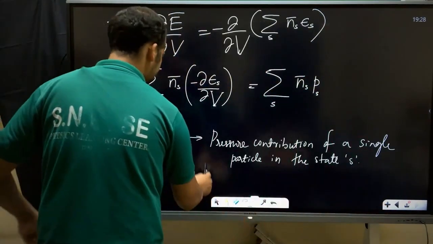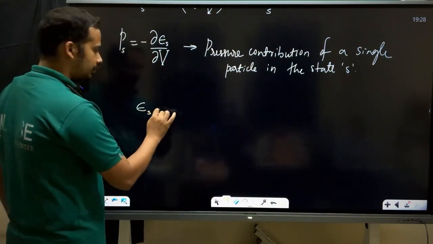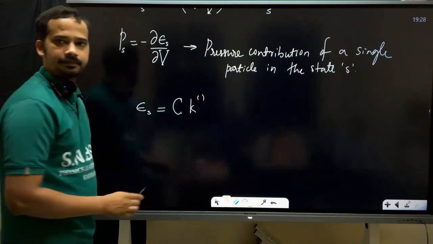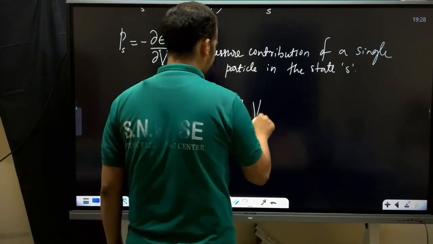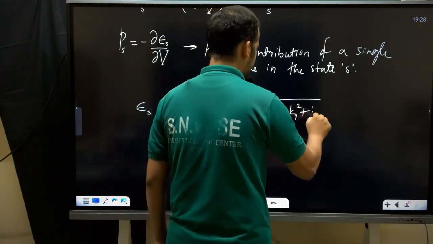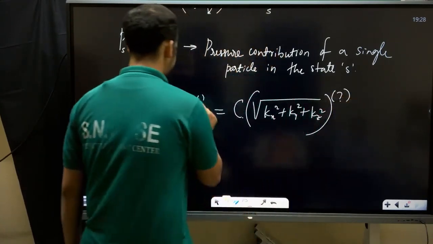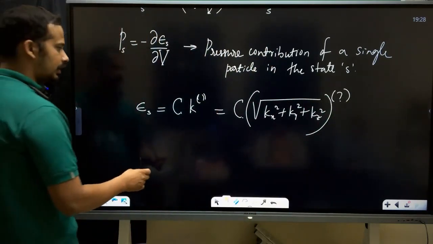What is this ES actually? This is some constant into K to the power of some factor. What is this K? Root of Kx square plus Ky square plus Kz square, to the power of something. What are Kx, Ky, Kz?